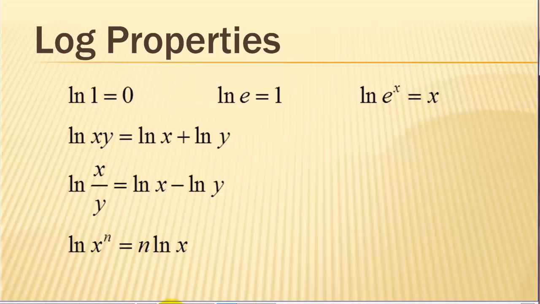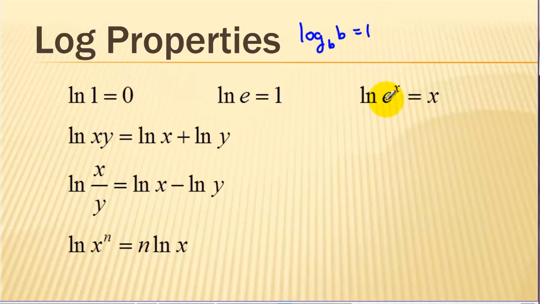The log of a base is 1, so the more general form of this is log base b of b equals 1. So that's kind of important. So if we took the log of 10, it would be 1. If we took log base 2 of 2, it would be 1.